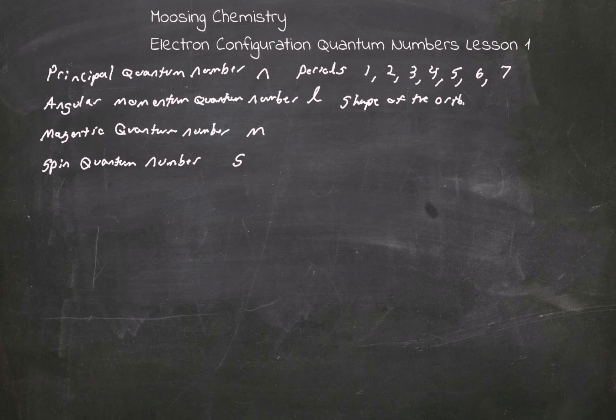Is there an easier way to talk about that? Yes, there is, and we're going to get into that. The magnetic number symbolizes the orientation of the electrons around the nucleus.